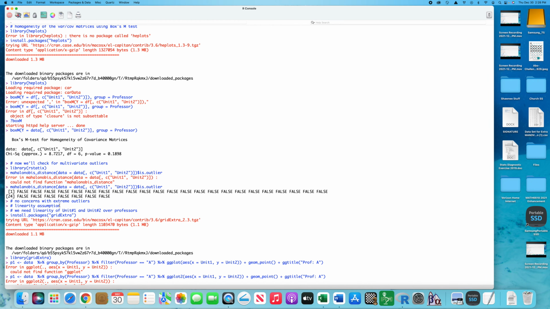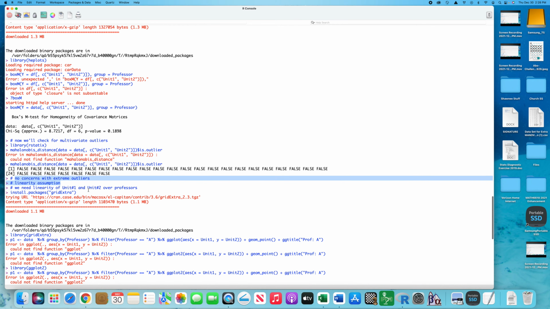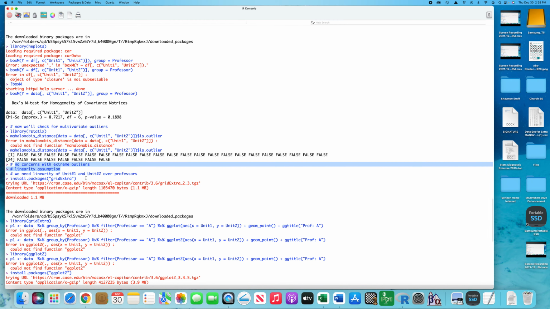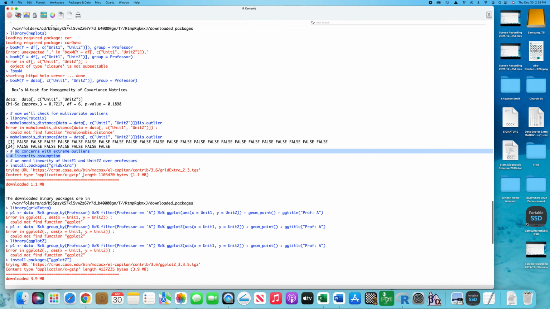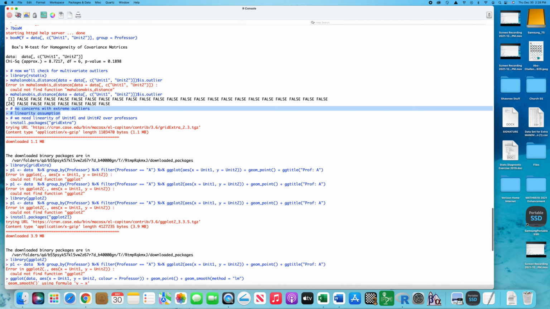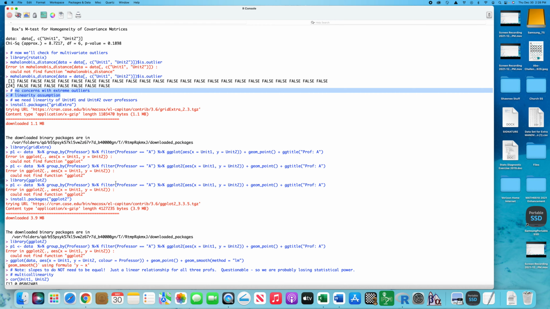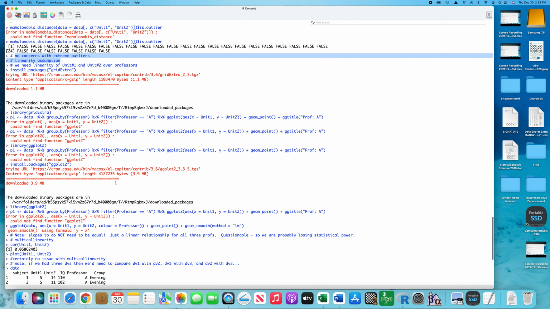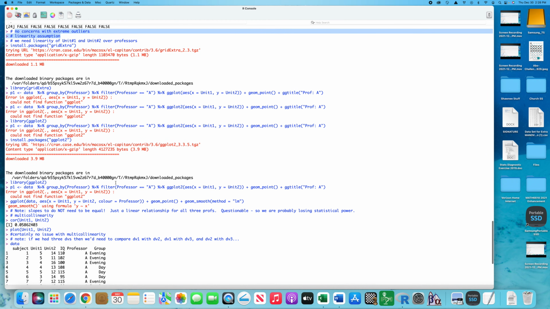Next thing I look at is the linearity assumption. So we need linearity of Unit 1 and Unit 2 over our professors. I installed the package gridExtra, and for some reason I couldn't get these plots to work, although I think they would have been really nice.